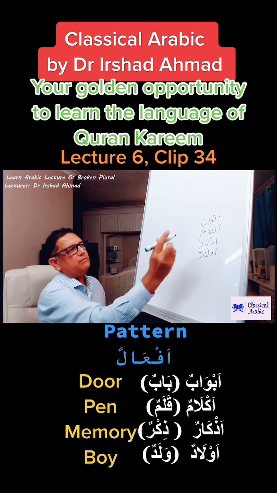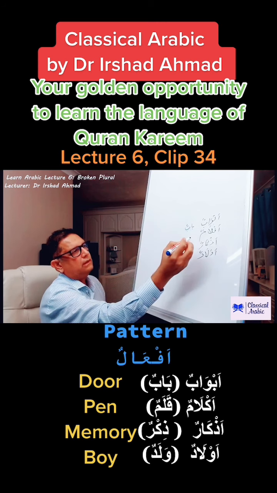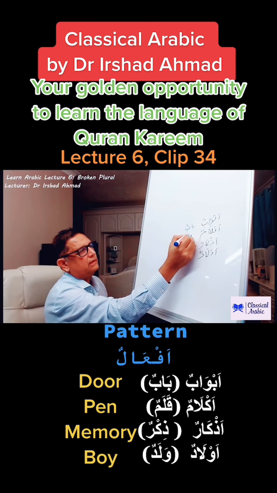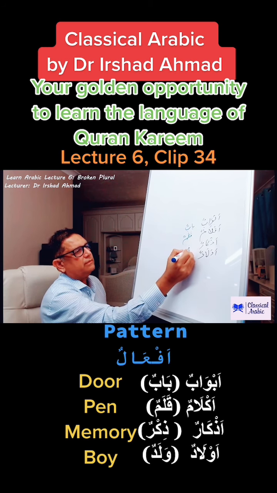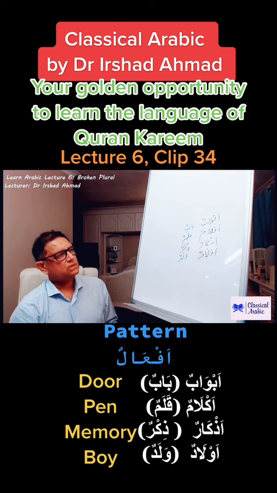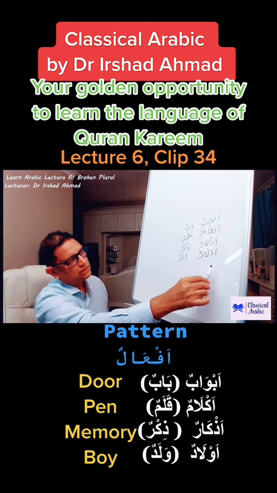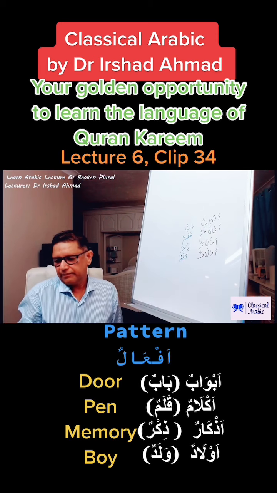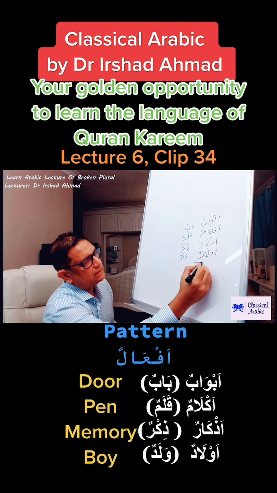Singulars will be babun, door, kalamun, we are familiar with that, zikrun, we are familiar with that, and waladun, boy. So these are singular. Now, if we look at these nouns, we can see that there are some commonalities among them.